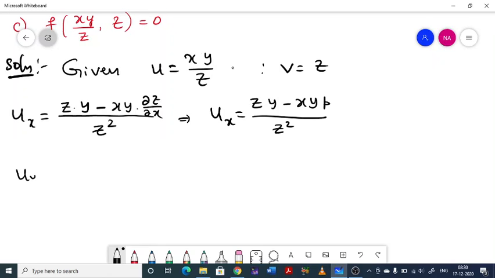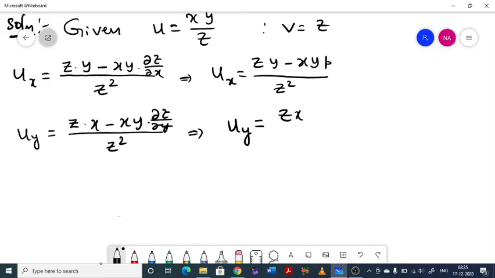Similarly uy, you have to do the same thing here: z square in the denominator, z into derivative of the numerator, which is x, minus xy times dou z by dou y. So uy equal to zx minus xyq divided by z square.